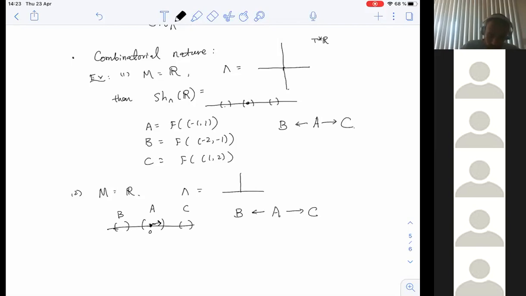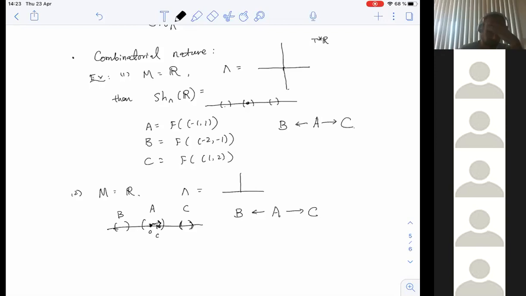By the way, to see that we have restriction maps, you have to use the fact that F is locally constant. You can shrink this interval to be an interval here, and then you see you indeed have a restriction map.